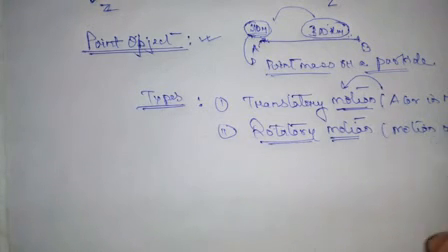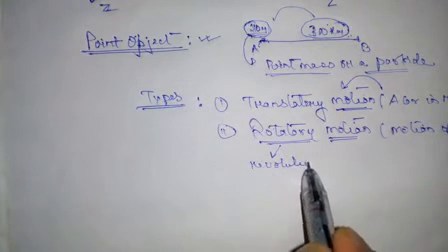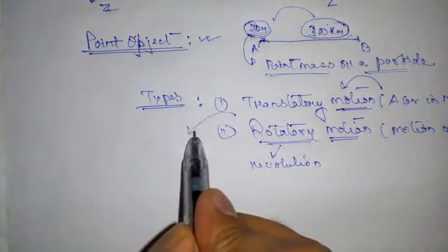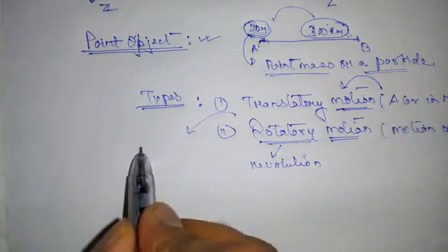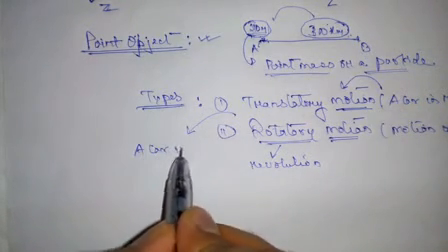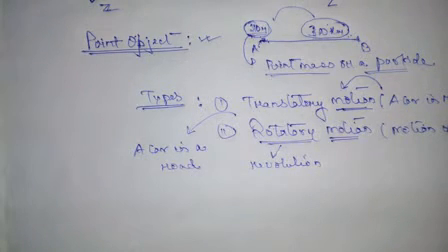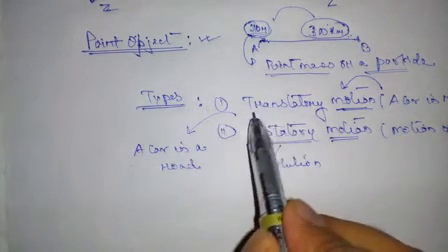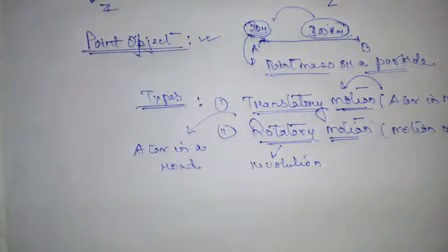Rotatory motion example I have said, revolution of planets, and translatory motion example, a car moving on a road. In this case, we will be studying only translatory motion. Rotatory motion comes in your next chapters.